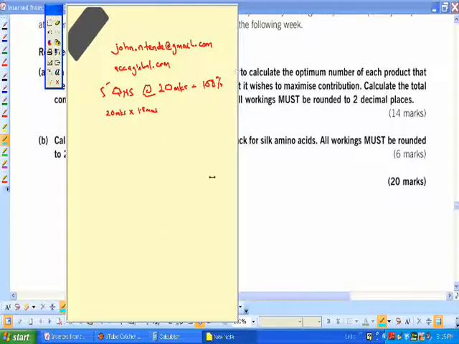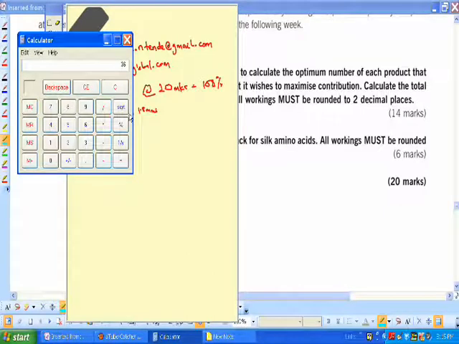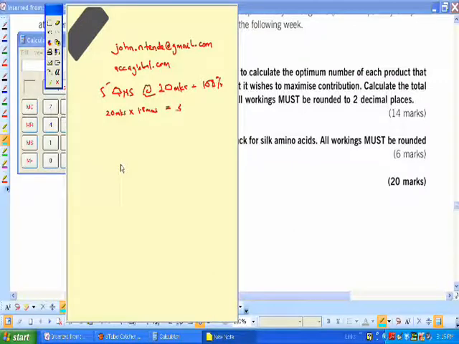minutes per mark. Now a quick computation will show that 20 marks by 1.8 gives you 36 minutes. So I wouldn't expect you to spend more than 36 minutes on this question.